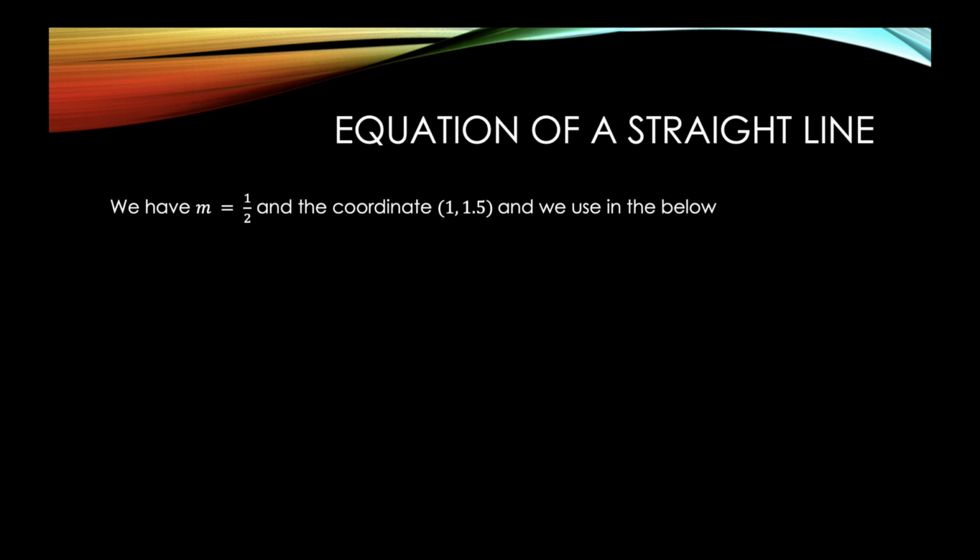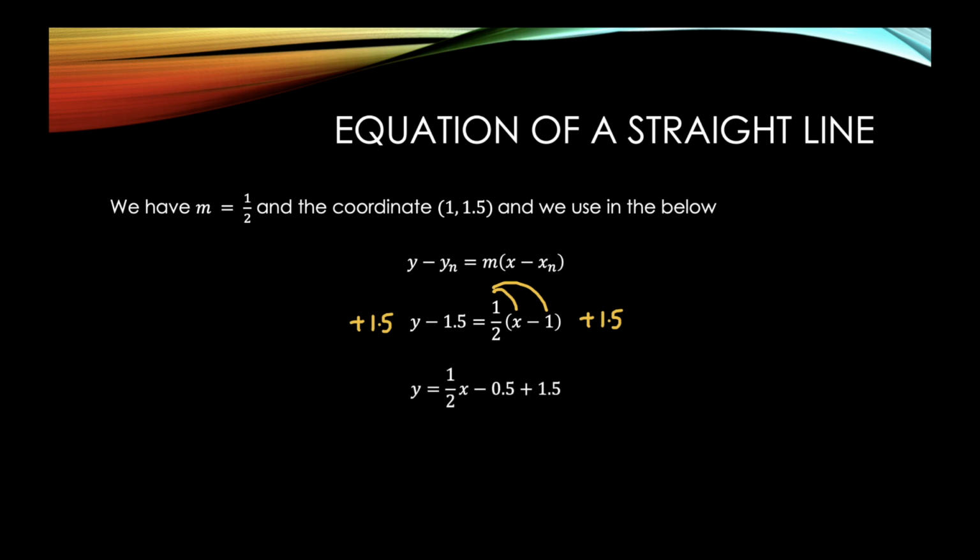Now let's check it using the other coordinate point 1, 1.5, and the same gradient m is equal to a half. You now have to plug those numbers in, so you have y minus 1.5 is equal to a half multiplied by x minus 1. If we multiply out the brackets and then add 1.5 to both sides, we end up with y is equal to a half x minus a half plus 1.5.